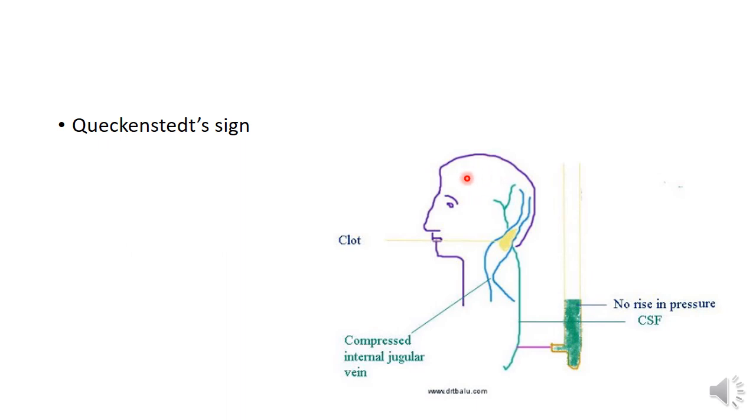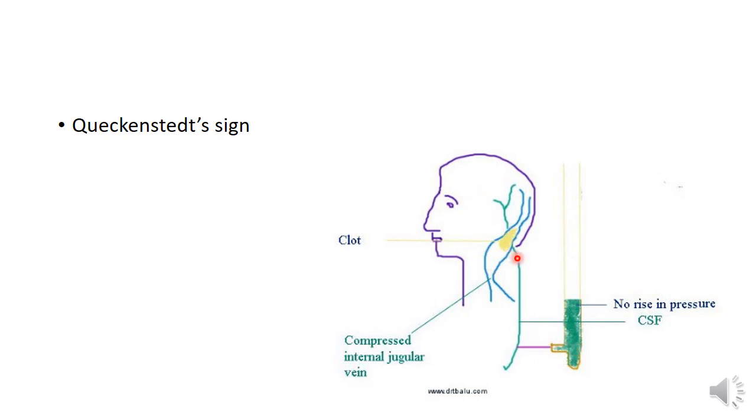As a result, the ventricular pressure increases, the CSF pressure increases, and this can be reflected through the lumbar puncture needle which we have inserted. So the Queckenstedt sign indicates that the whole ventricular system is open and there is no block.